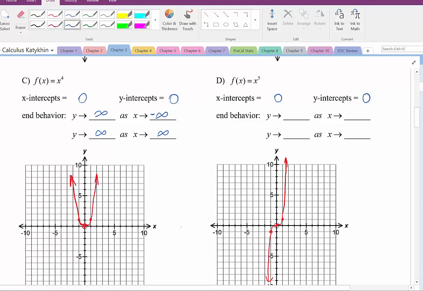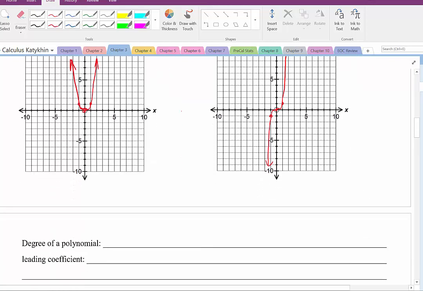Now if we look at the left side, y is going to negative infinity, and so is x. Both of them are going to negative infinity. On the right side, as y is going to positive infinity, x is also going to the right, so that would be positive infinity. So this covers the behavior of the function.